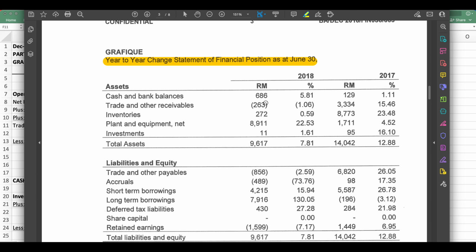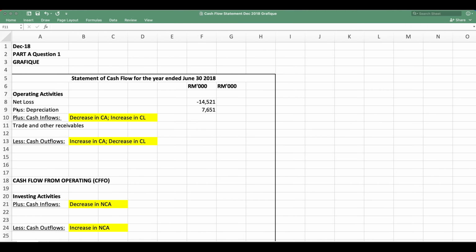It reduced by 263 here. So you don't have to calculate it, you can just take the figure right away from the year-to-year change statement of financial position. This is the change in RM, and this is the change in percentage. We are going to record the change in RM. Because the figure is negative, meaning the trade and other receivables reduced by 263, we are going to record the cash inflow of 263 here.